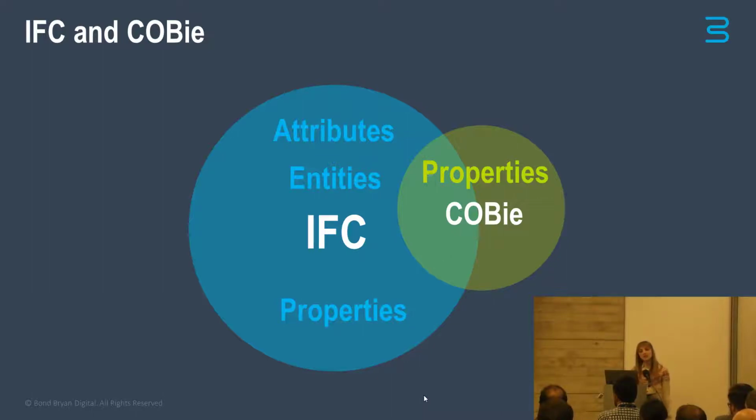You've all heard COBie is a subset of IFC. So basically this means it takes some of the bits of IFC, the entities and the attributes, and then adds its own properties. So at the overlap, what takes priority?